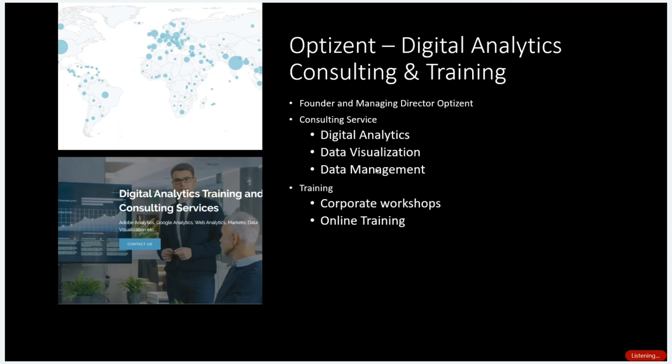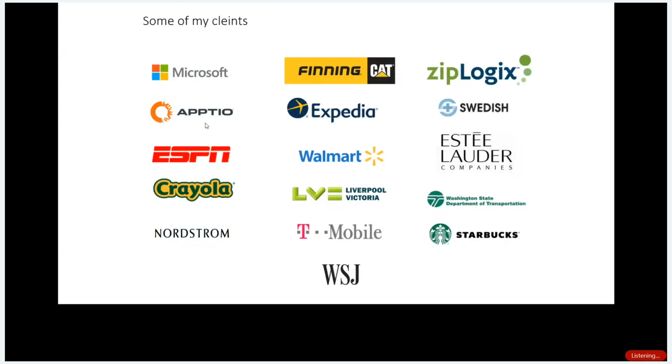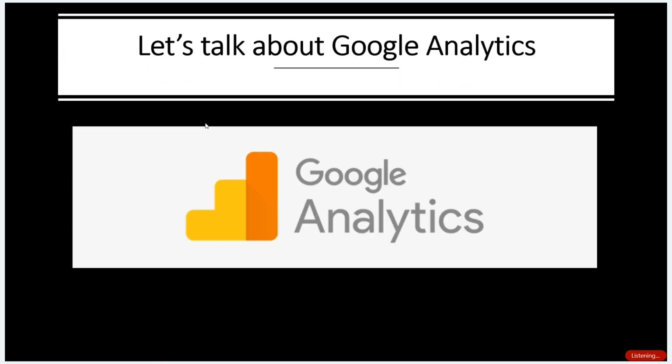I have taught over 40,000 people in 152 or 153 countries. This map shows where all my students have been. Optizent does corporate training, online training, etc. I've worked with a lot of clients, especially Microsoft, because I live in Microsoft land. You can't avoid that. So that's about me.